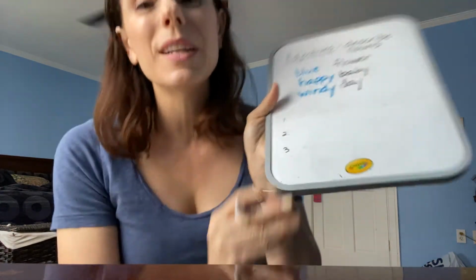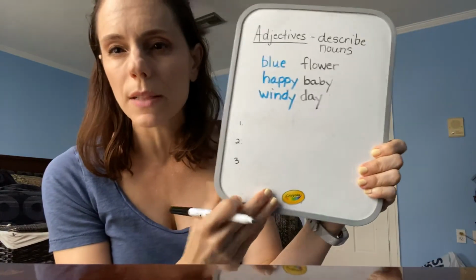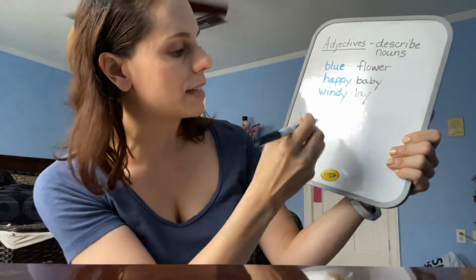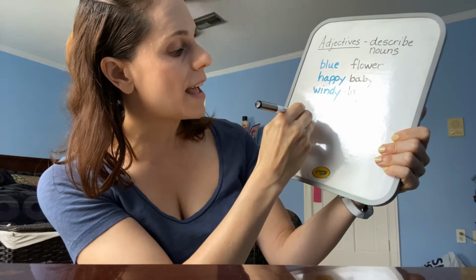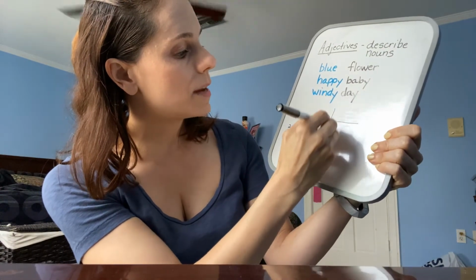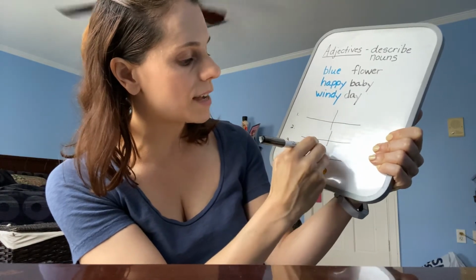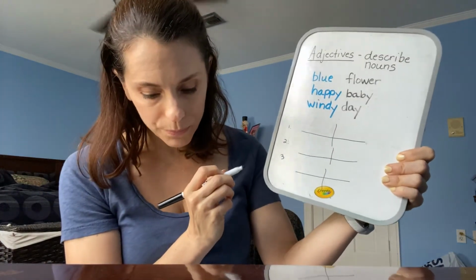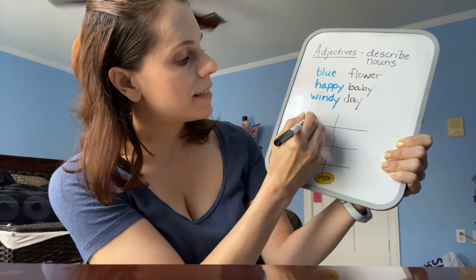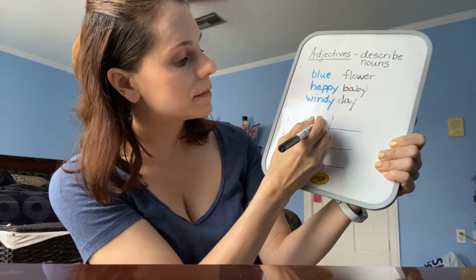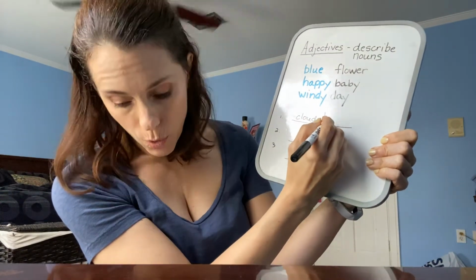So there's 3 of them. I'm going to write these and diagram them as best I can. You do need a lot of space. I don't have a whole lot of space on my little board, but in your journal you can have a lot of space. So I know I'm going to have a subject and a predicate. So for number 1, they have clouds, and then they have the word gather.